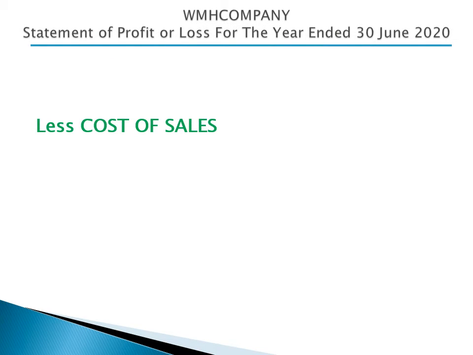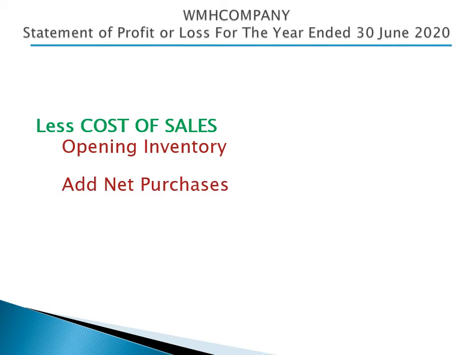And cost of sales is calculated by the items of opening inventory, that is the first item that you need to find, and add with net purchases, less closing inventory.